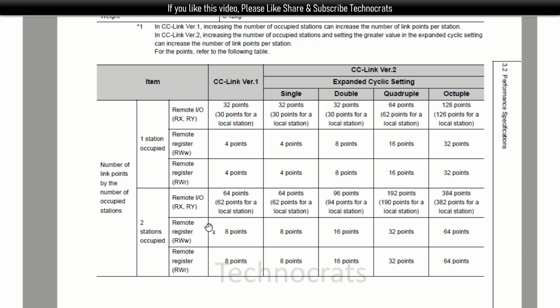In CC-Link network, all the network data is being shared from master to the local device station if they are also connected with the network.